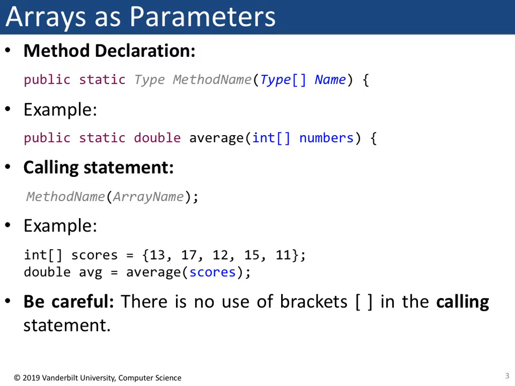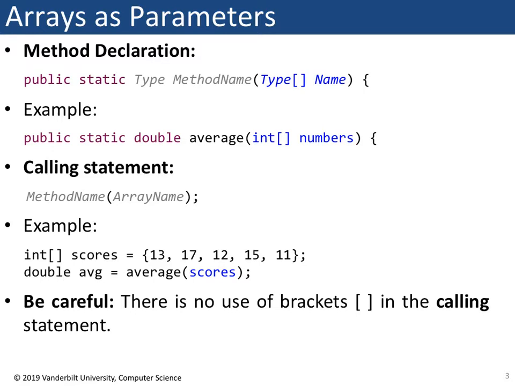So an example of this would be public static, and then this is going to return a double, and this is going to calculate the average, so we call it average, and then to tell it that we're going to pass it an array of integers, we say int open and close bracket, and we want to call this parameter numbers.